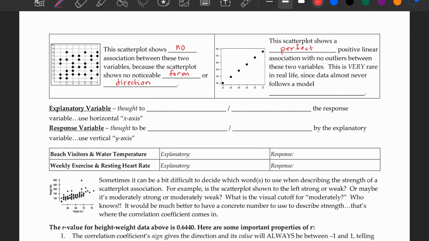All that so-called real life data we'll be dealing with, whether it be from the College Board or actual real life data that I scrub up, will never follow a perfect model. Your data will never, ever follow a model perfectly by just grabbing some data from the real world, unless you plan it out for the most part.